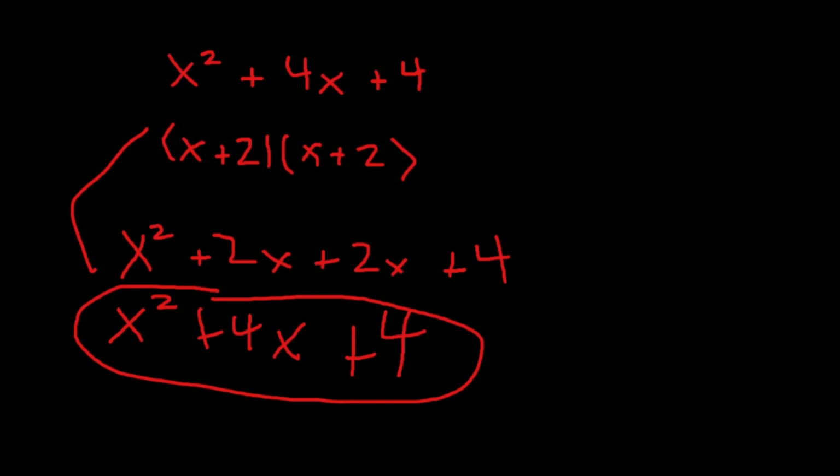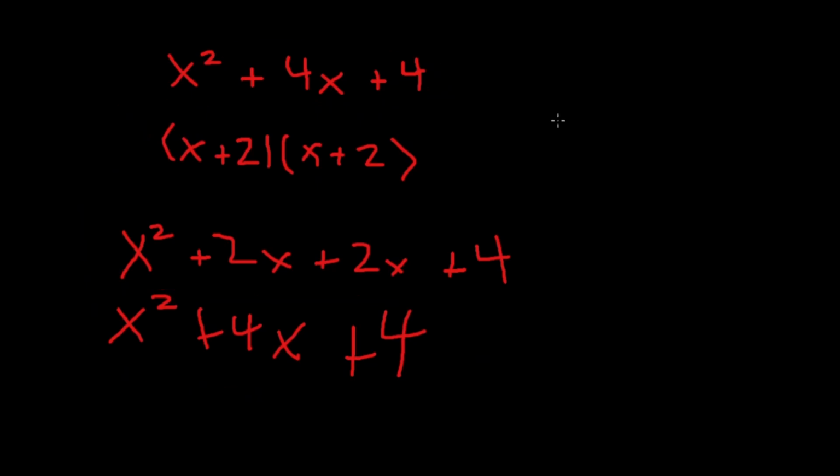Now, given what we know about x plus 1 times x plus 1, and what happened when we did x plus 1, x minus 1, what do you think is going to happen when we do x plus 2, x minus 2?